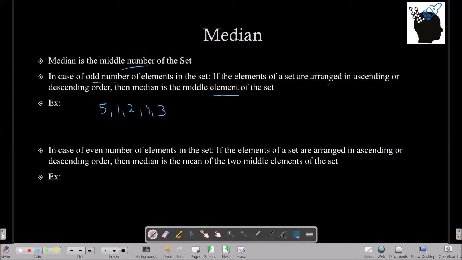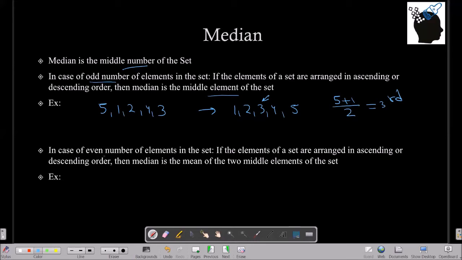So we'll go ahead and arrange it in ascending order first, which is nothing but 1, 2, 3, 4, 5. And since we have odd number of elements, the median will be nothing but the middle value, which is the third value. And how do we find the middle value? It is nothing but the number of terms, which is 5, plus 1 divided by 2, or nothing but the third term.